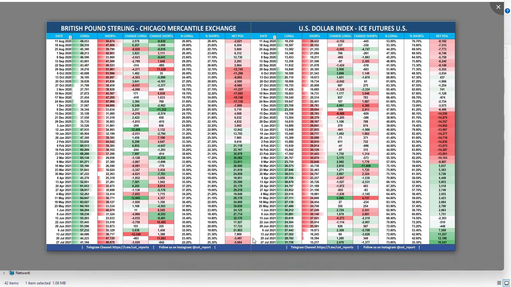As you can see, the longs are starting to grow more than the shorts.